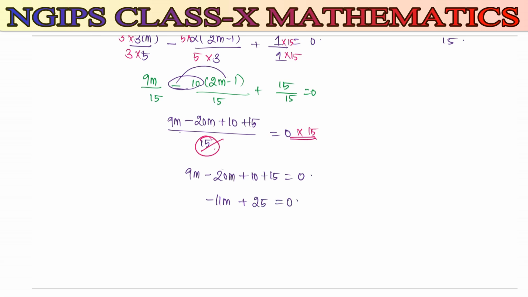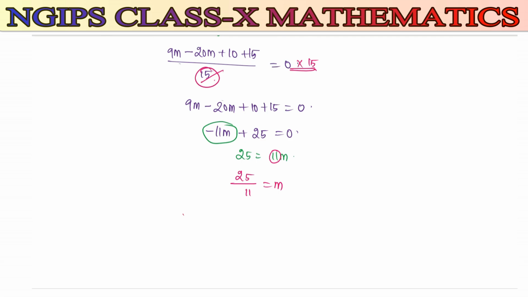I am going to shift this minus 11m to the opposite side, so that we will get 25 is equal to plus 11m. When you shift this 11 to the opposite side, it will become 25 divided by 11 is equal to m. We got m is equal to 25/11, or you can write it as 2 into 11 it is 22, 3 remainder, so 2 and 3/11. So this is the final answer.